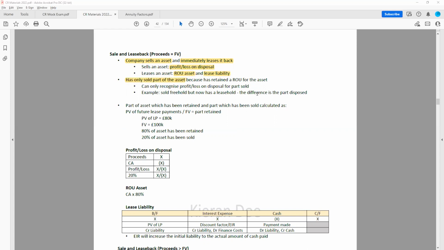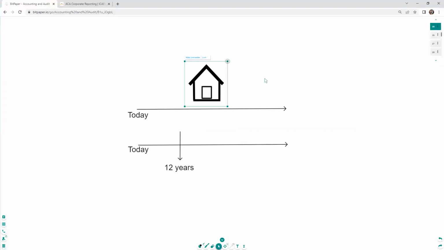So if you think about this example that we have here, ICAEW had the building, so when they owned the freehold, they had the right to use that asset from today until forever. So they owned every part of that asset because it was the freehold land and buildings that they owned.